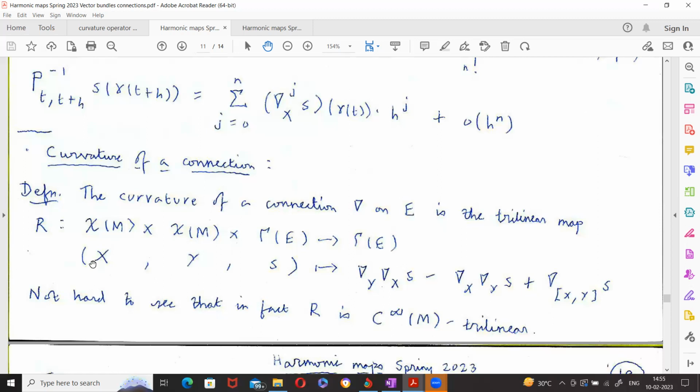Okay, so if I multiply X by a function F, then that F will come out when I apply R to X, Y, and S. If I multiply Y by a function F, that F will come out. If I multiply the section S by a function F, that F will come out. Okay, so I leave that as an exercise to you to check, it just uses the Leibniz rule. You check that this curvature map, this trilinear map, is actually trilinear with respect to C infinity M. Okay.